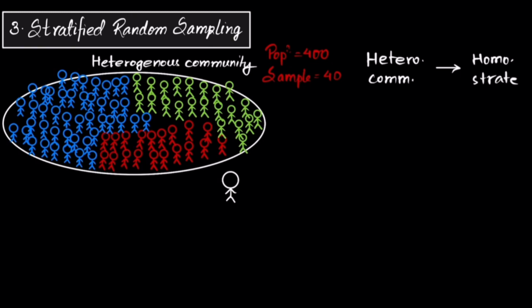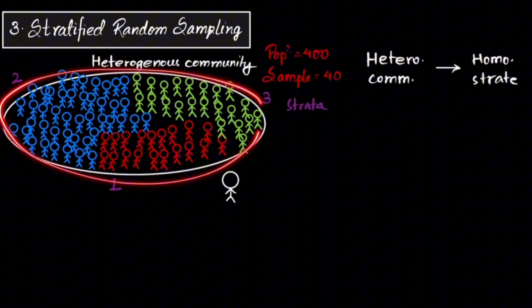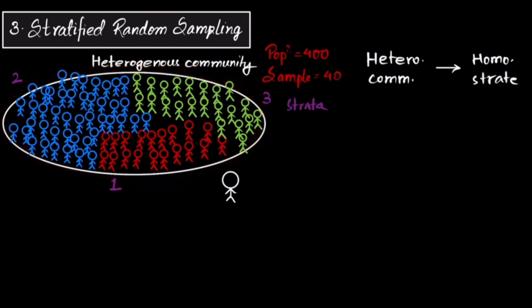So we have altogether right here 1, 2, 3 strata or subgroups that are homogeneous. The community itself is heterogeneous, but the individual subgroups are homogeneous.